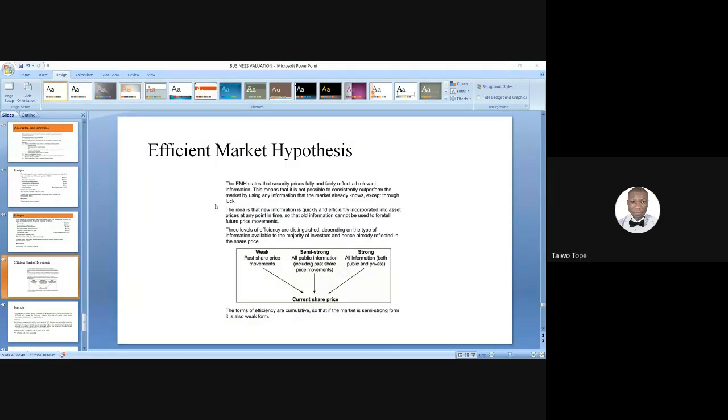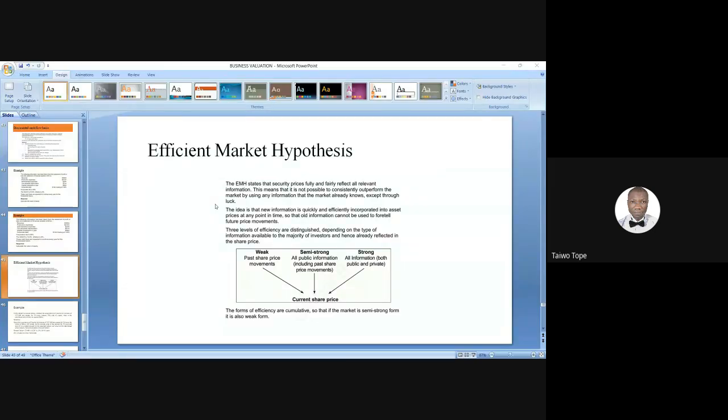We can have what we call the semi-strong form of efficiency. In a semi-strong form efficient market, the share price incorporates all past information and all publicly available information.